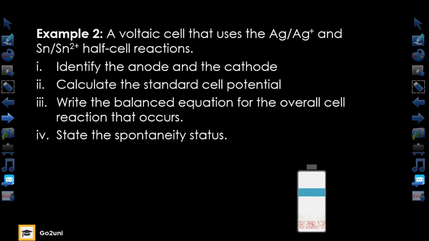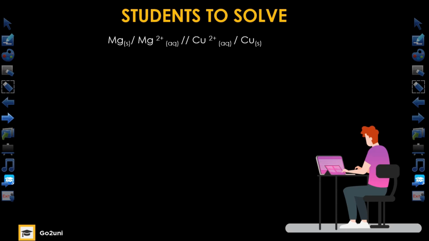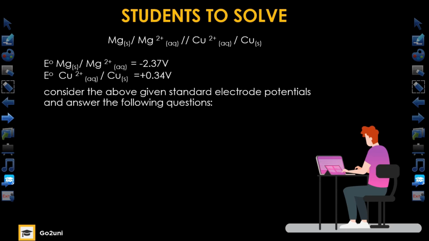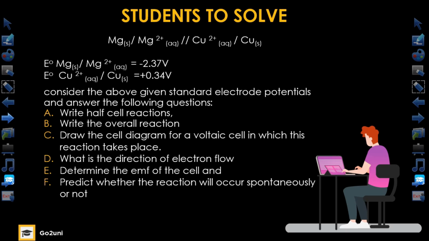Now we look at the following questions for you. These are exercises for you, dear students. You're going to go ahead now, answer the following questions, and send your answers to us.